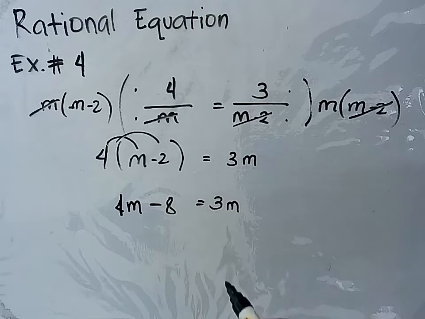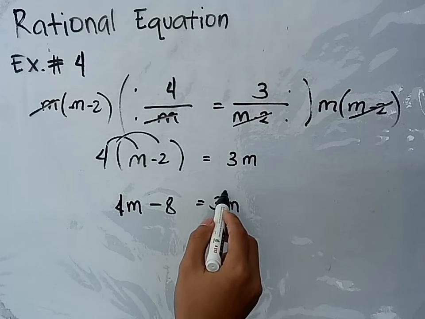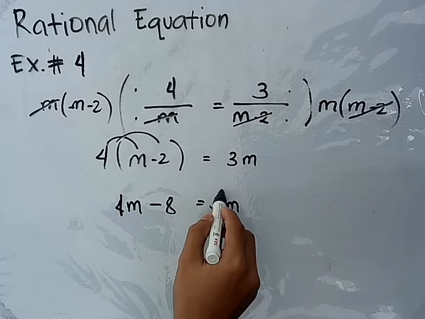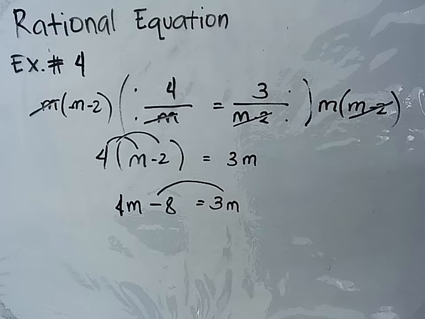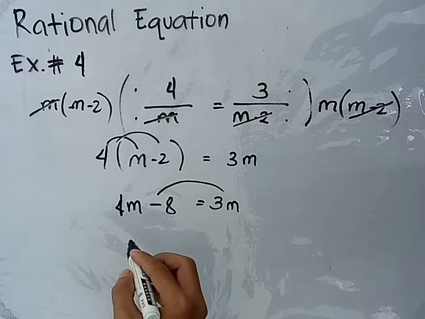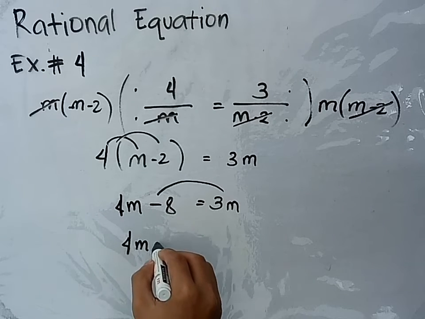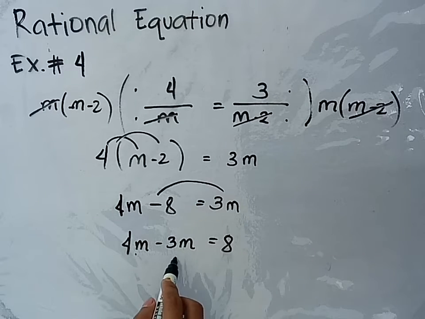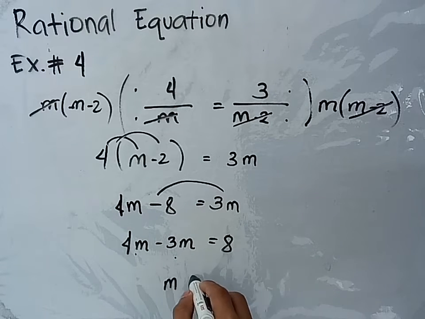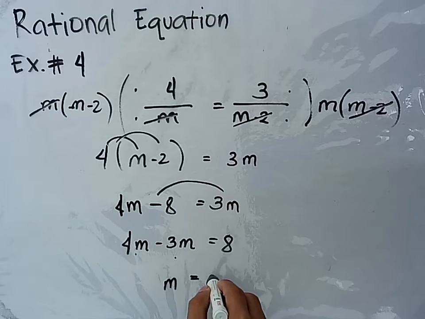Since we have similar terms, 4m and 3m, we need to do transposing so that we can combine and compute them. So 4m minus 3m equals 8. Next, subtract: 4m minus 3m is m, and it is equal to 8.